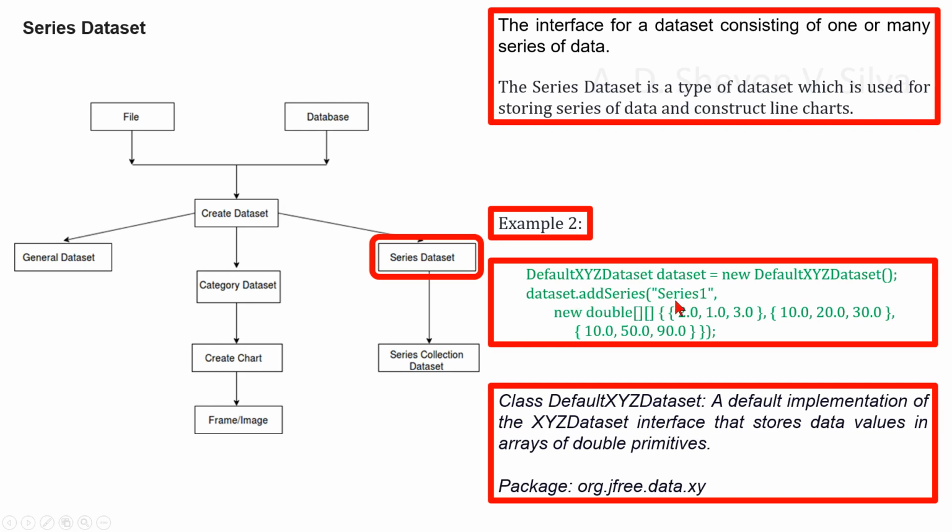Here, this is the first parameter, seriesKey. The series key, null not permitted. The second parameter is data. It's a double two-dimensional array. The data must be an array with length 3, containing 3 arrays of equal length.